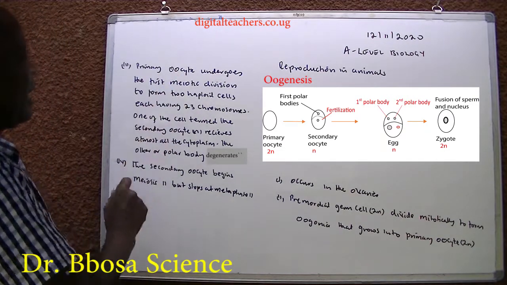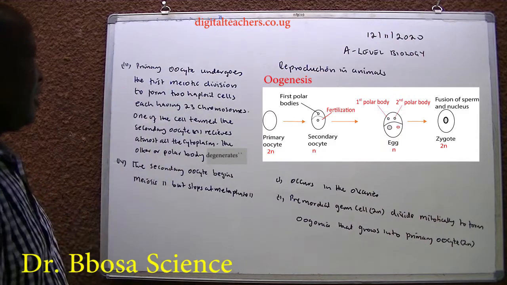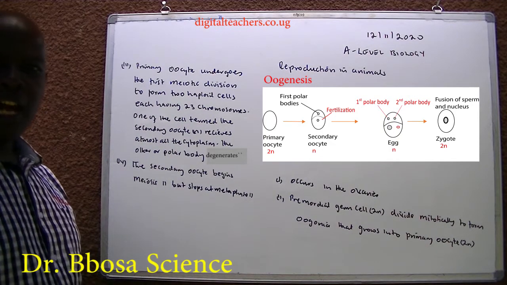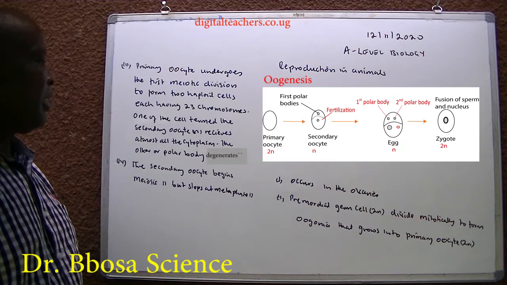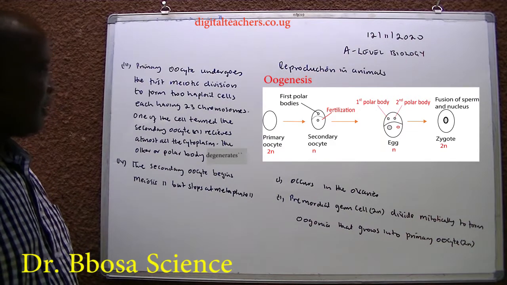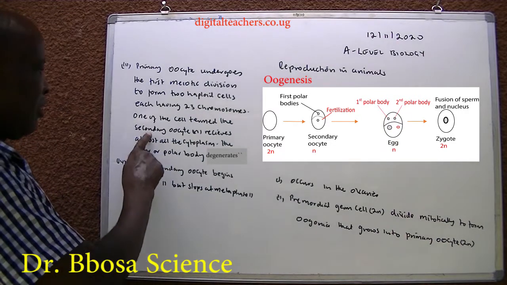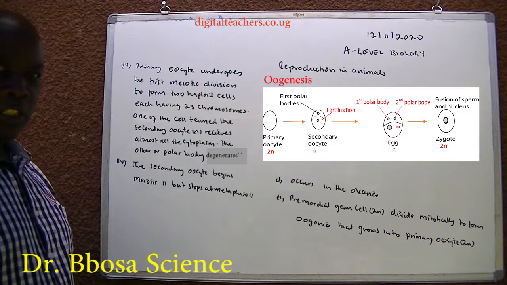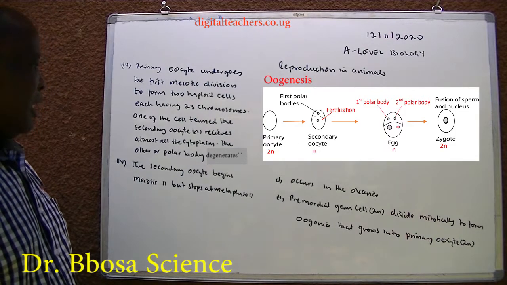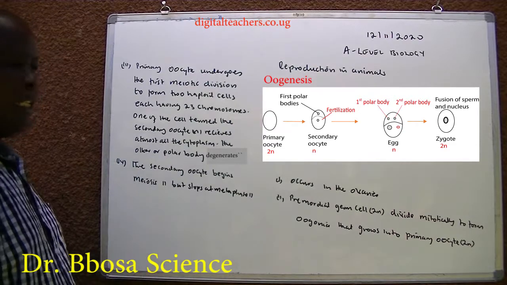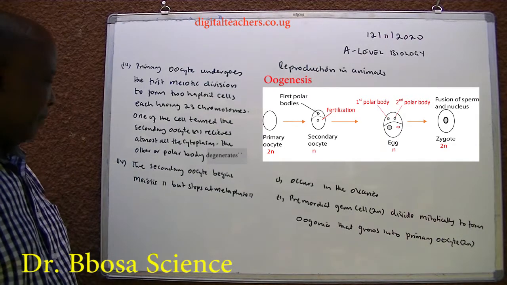Primary oocytes undergo first meiotic division to form 2 haploid cells, each having 23 chromosomes. One of the cells, termed secondary oocyte, receives almost all the cytoplasm. The other, or polar body, degenerates.